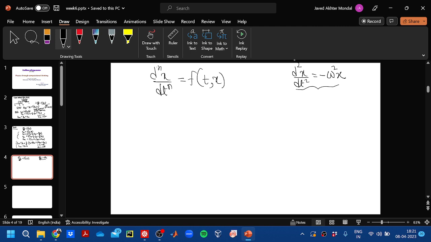We can see that this is a second order differential equation. So how can we solve a second order or higher order differential equation using our known method for first order differential equations? We can do that in the following way: any nth order differential equation can be decoupled into n first order differential equations.